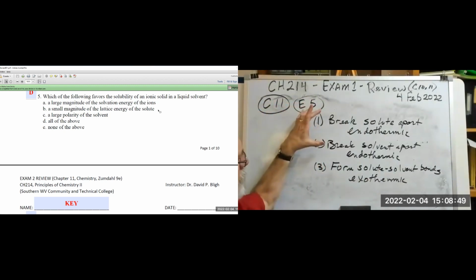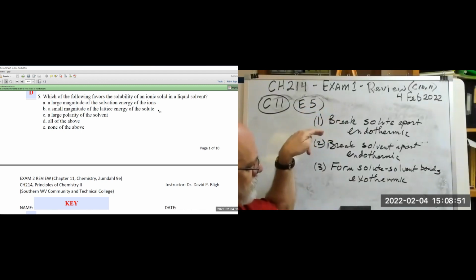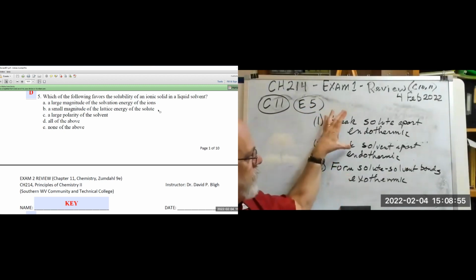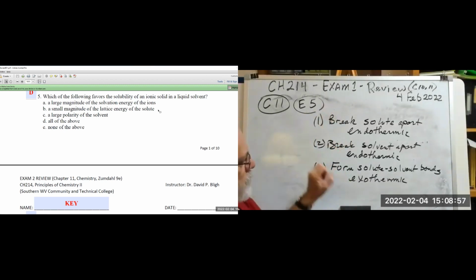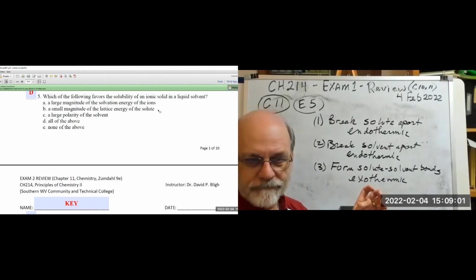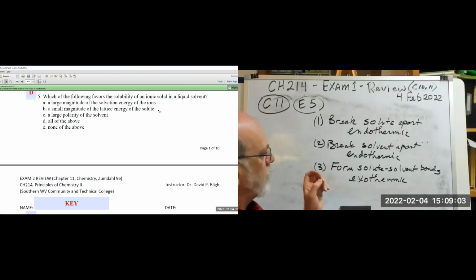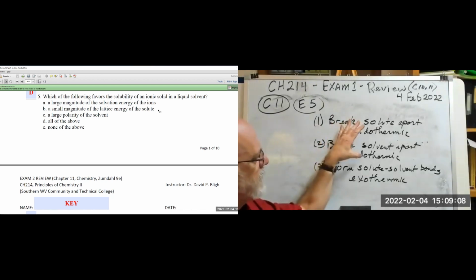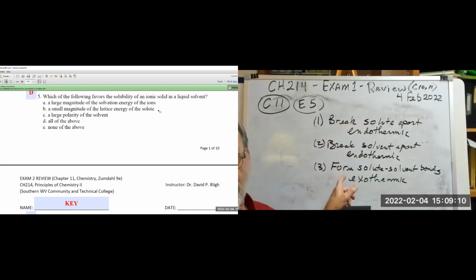When you put in energy here and you get energy back here, and they're roughly equal to one another, these two are roughly equal to that one. You favor the formation of a solution. When you put a lot of energy in here and you get a little bit back, that is unfavorable.